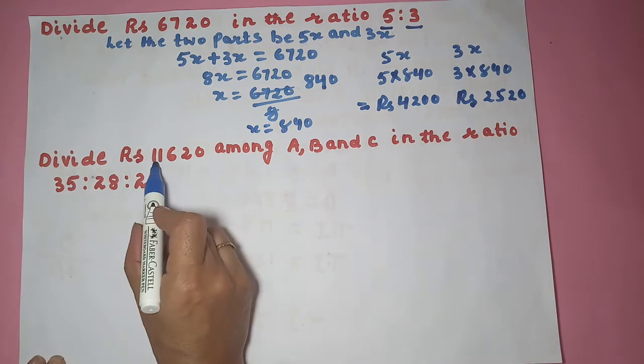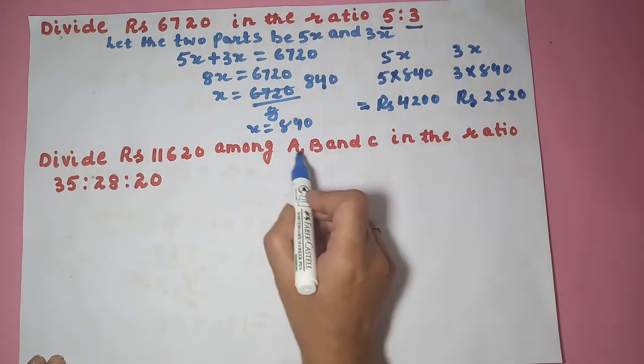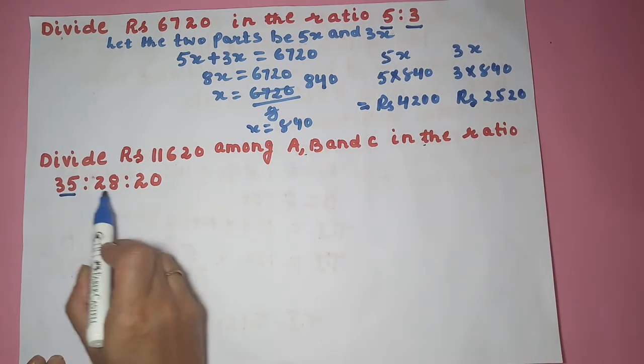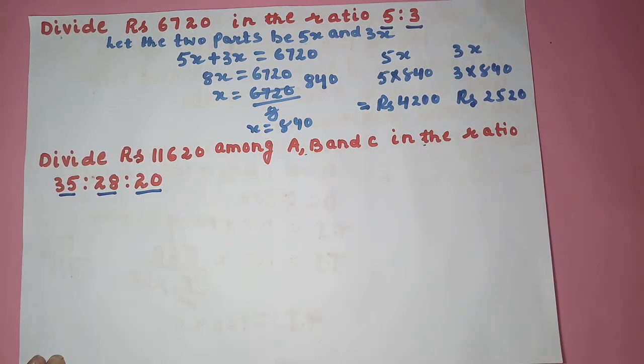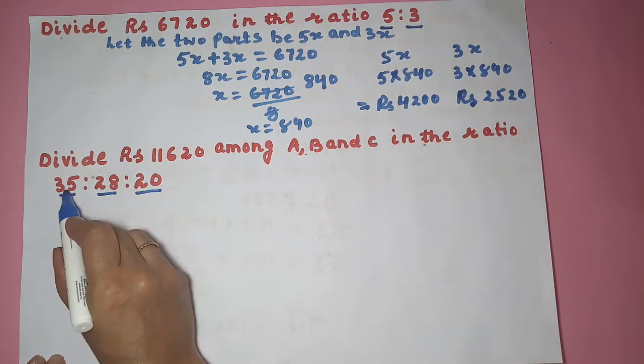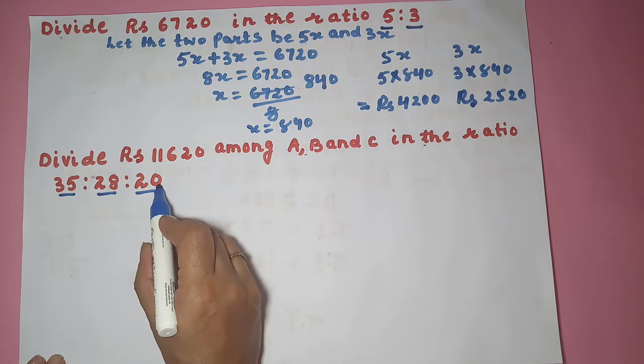Okay. Let's go to another question. Here we have to divide 11620 among A, B and C in the ratio 35:28:20. That means the three parts of this money are 35, 28 and 20.